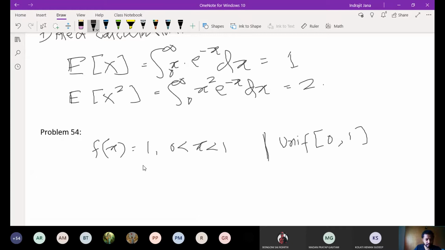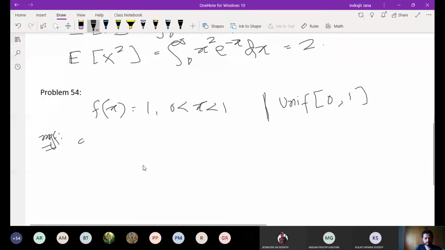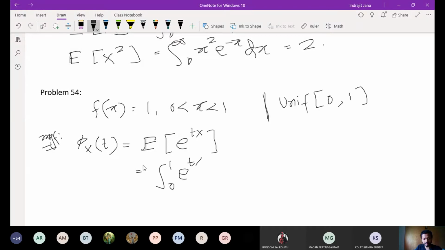Okay, so let's first do the MGF, which is phi of x at t. By definition, this is the expectation of e to the power tx, that is the integration from 0 to 1 of e to the power tx times the PDF, which is 1, dx.